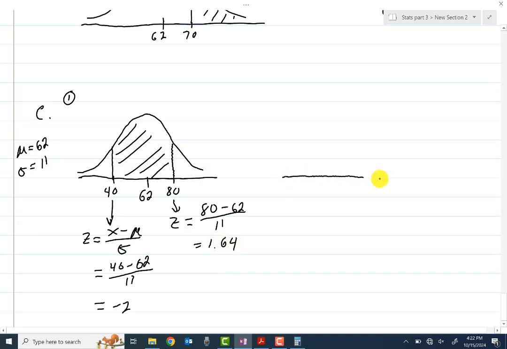Now I'm ready to draw a picture using the standard normal distribution, whose center is at 0. And we are going to use the table to get the numbers from this.